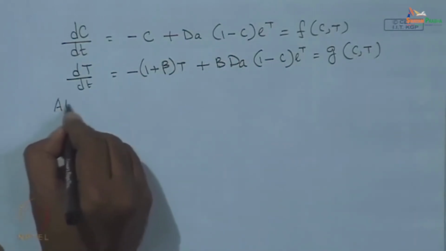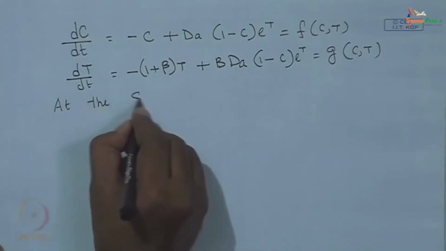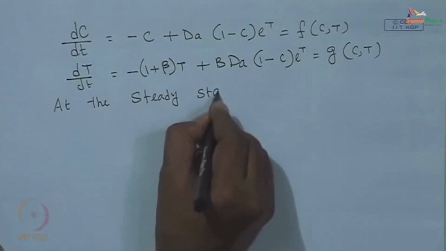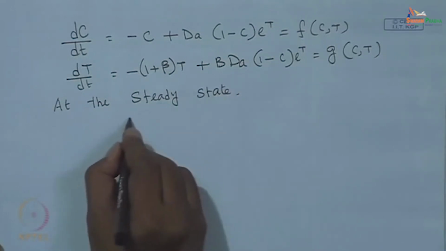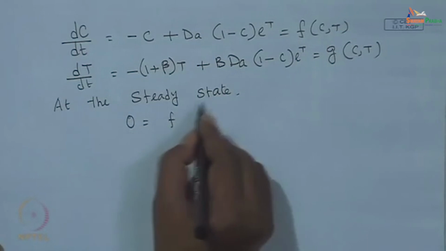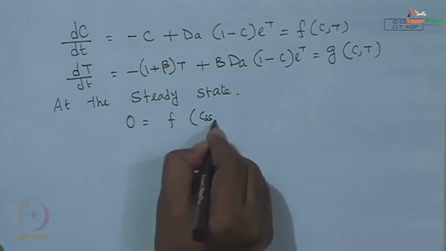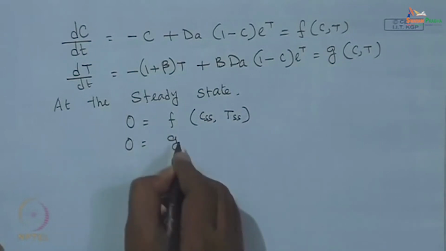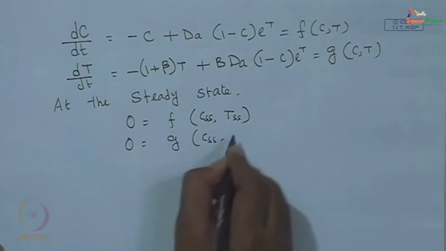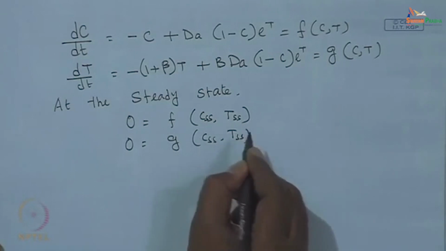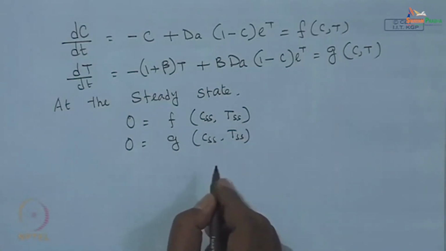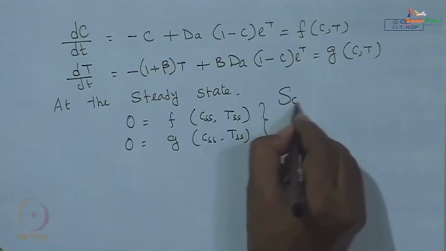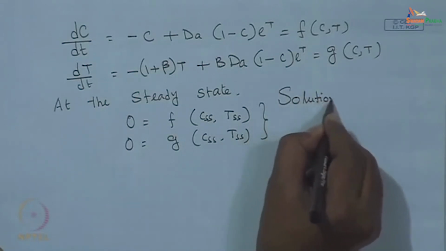At the steady state we have 0 equal to f of CSS and TSS, and 0 equal to g of CSS and TSS. The solution of these two equations will give you the steady state.